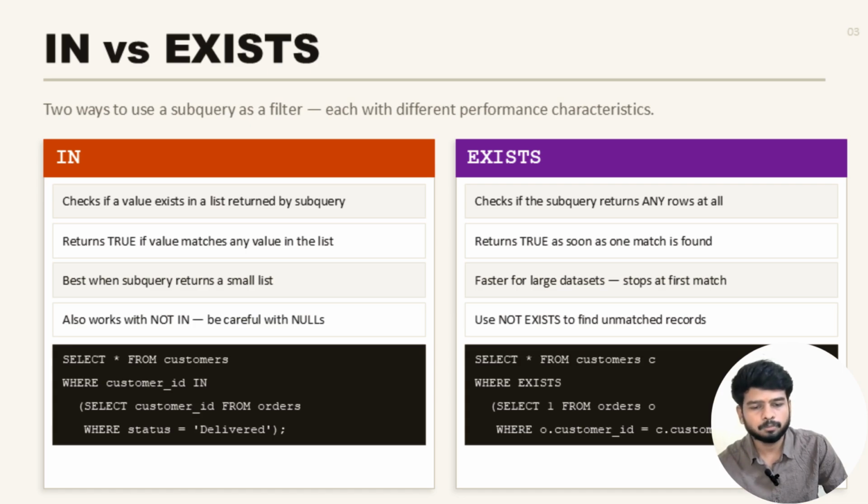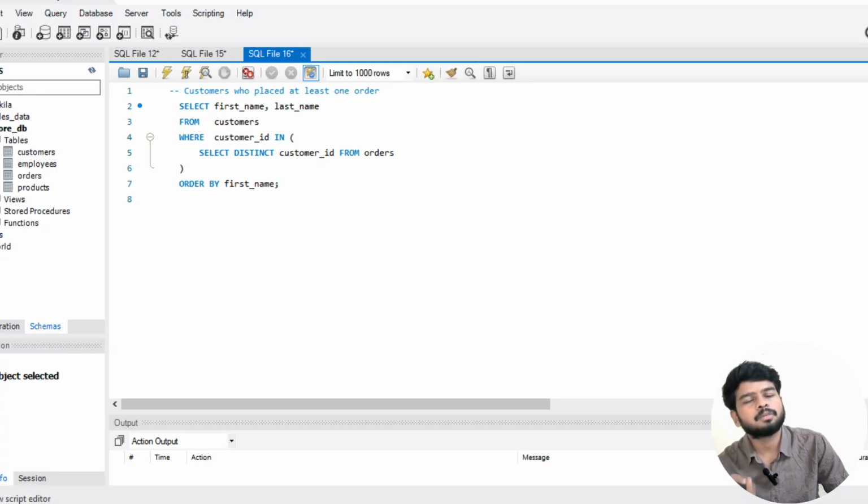If you see the code, this code will give us the customers who have placed an order at least once. At least once the order is placed, you will get that customer's details, right? So let's see the code. Select first name, last name from customers where customer id IN, so you can see the keyword IN here, right?